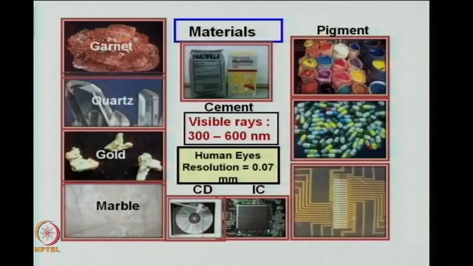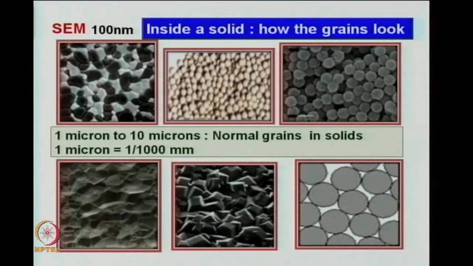Now, if you look at these materials more carefully, that is, inside these materials, if we have something by which we can observe objects much smaller than 0.07 millimeters, like using electrons, then we can see that these materials are made of particles or grains which are of the size of 100 nanometers to 1000 nanometers, etc., which is like 1 micron to 10 microns.